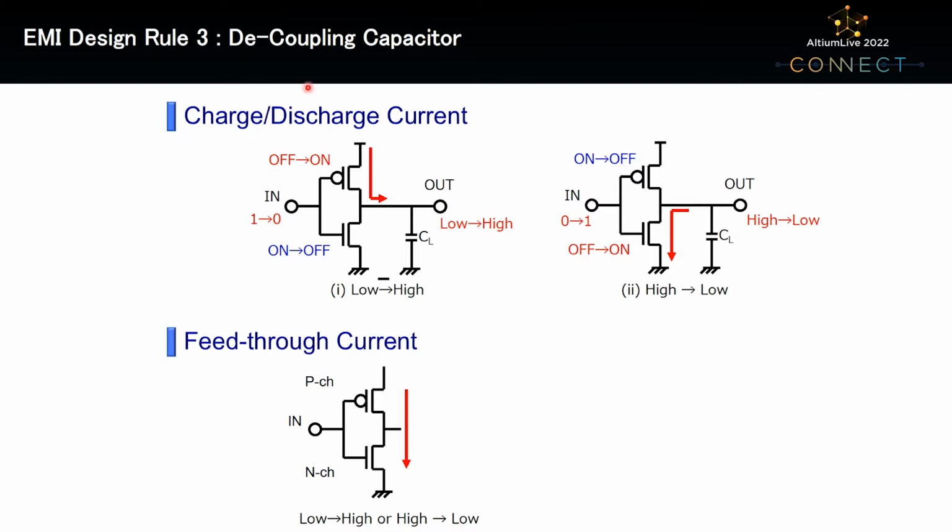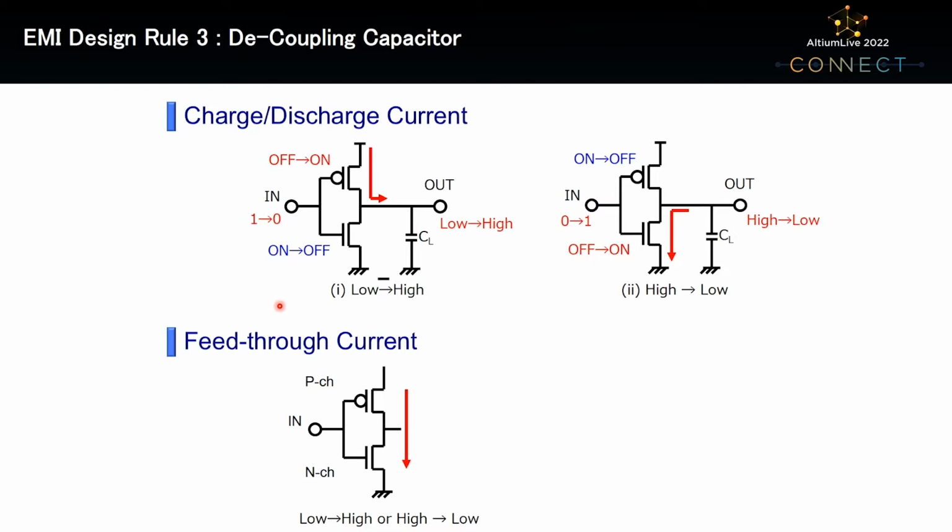This is an example of equivalent current for driver IC in a CMOS structure. When the signal becomes from low to high level, current flows from the driver IC's power pin to the signal trace.